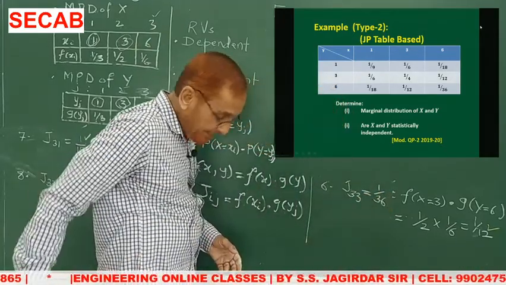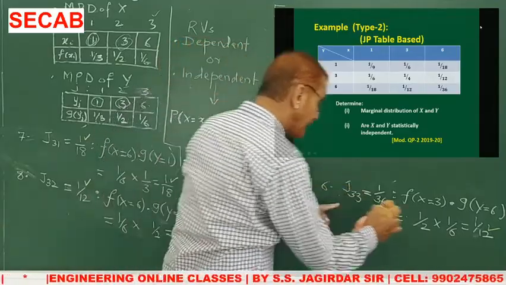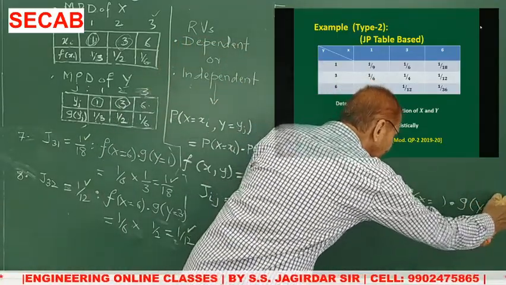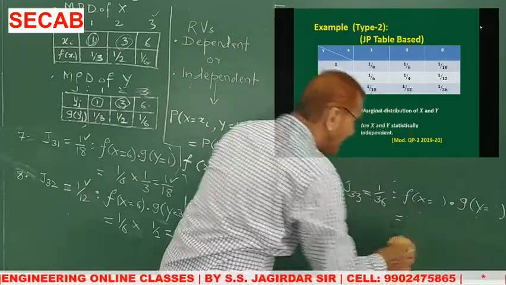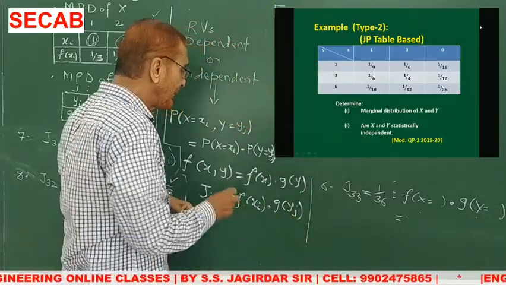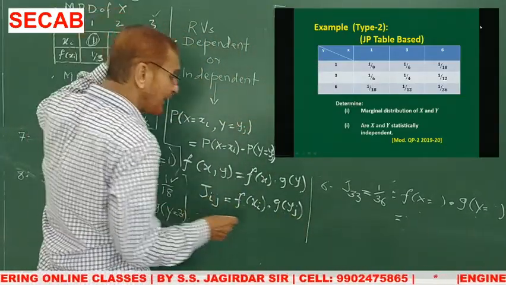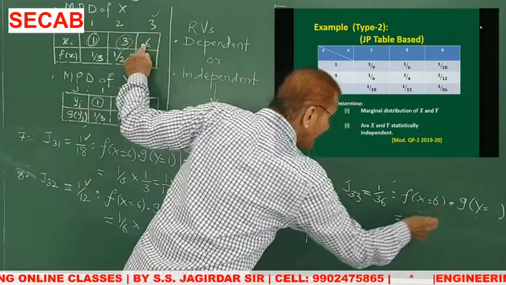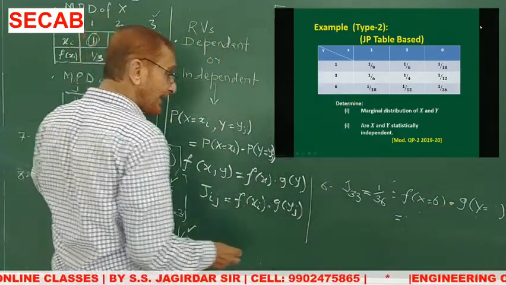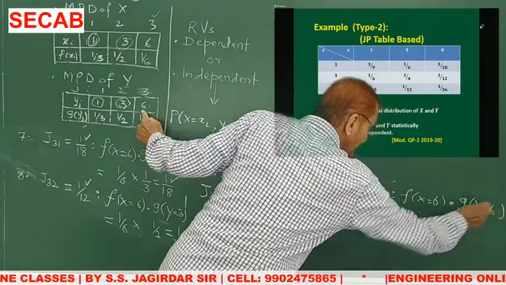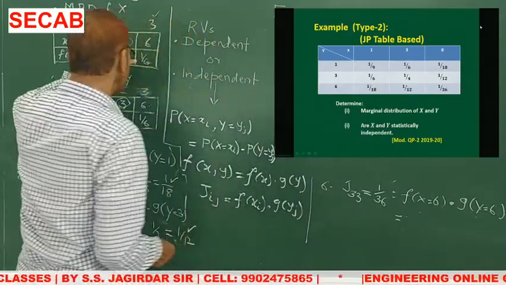Now, what are the x and y values there? You can see when the rank is 3, x value is 6, and when rank is 3, y value is again 6. When you take these values, what are the probabilities?